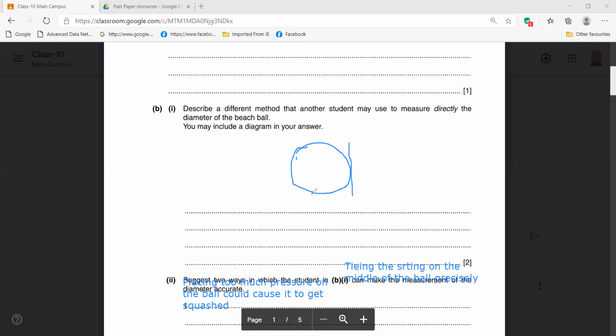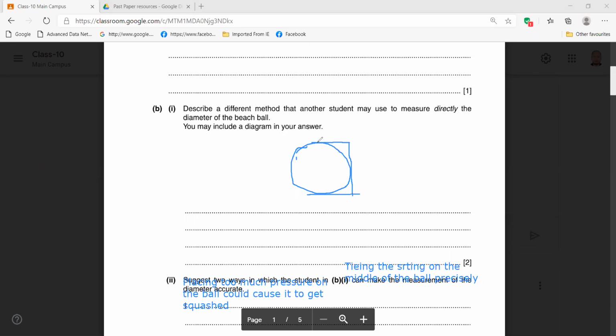One thing you can do: from the bottom where it is, on the ground, from there straight, you can hold one meter rule. And from this side, you can hold one stick or any instrument, like the big set square we have in our lab.